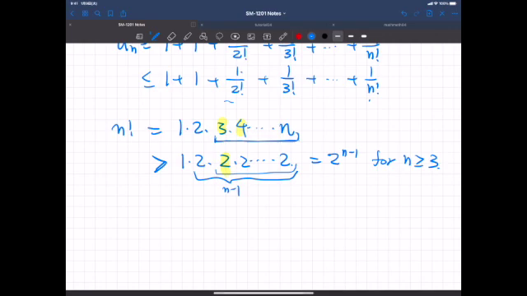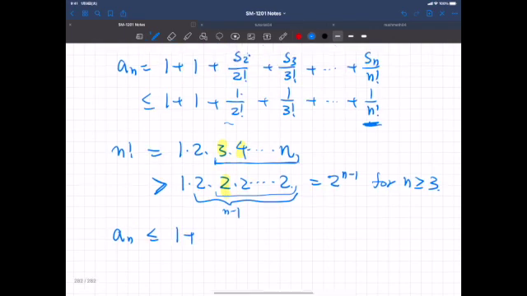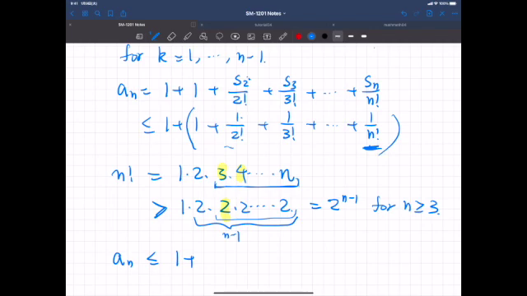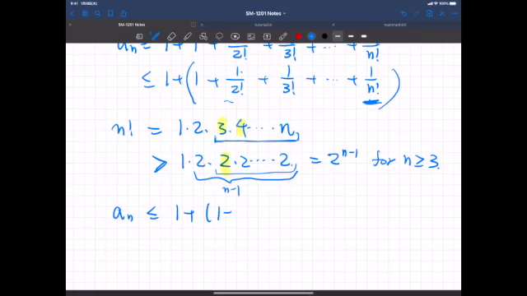Then using this, this n factorial appears here, right? So this a_n is less than or equal to 1 plus 1 over 2 factorial plus 1 over 3 factorial and up to 1 over n factorial.